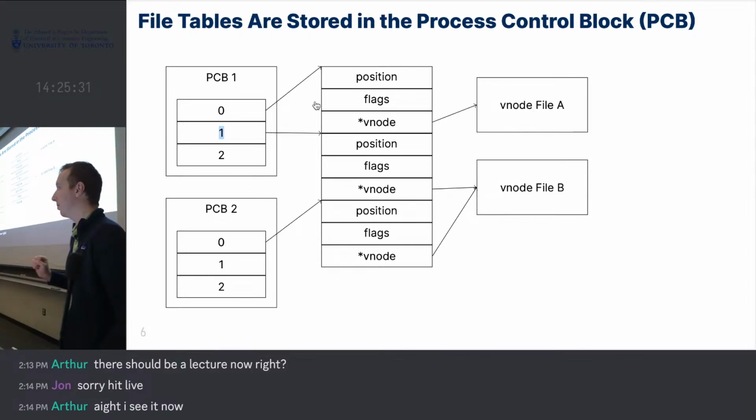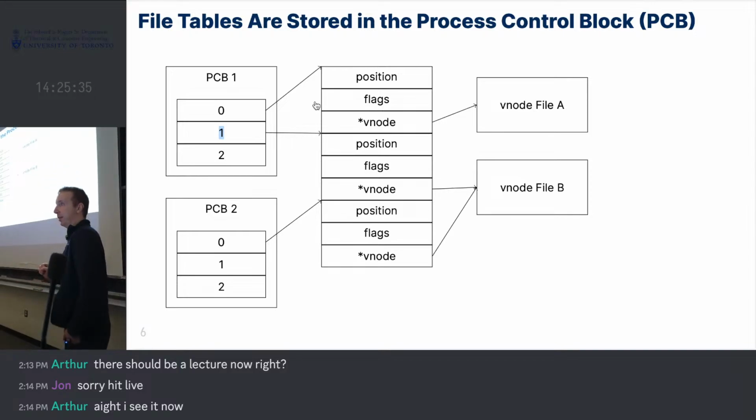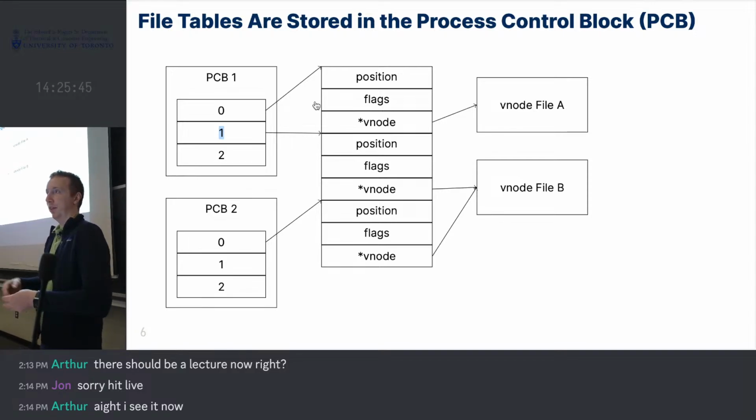Could you explain what vnode is again? So vnode is just a pointer to some structure that we can read and write bytes to. It could represent a real file, a socket, a pipe, something like that. It's called a virtual node because it's virtualization. We're just representing something we can read and write bytes to.